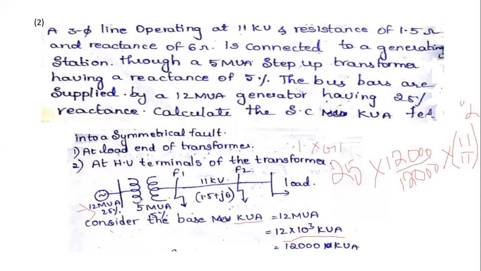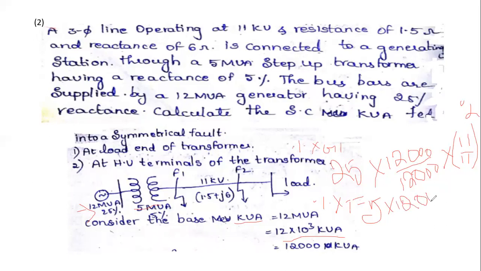Similarly, we calculate the percentage reactance for the transformer, that is percentage XT. What is the reactance for that transformer? 5%. Therefore, 5 into, what is the base MVA? 12,000.